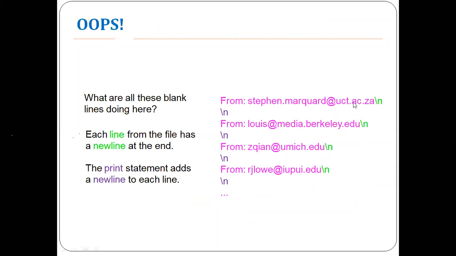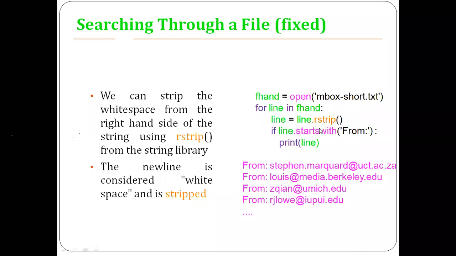That is right stripping, at the right hand side. We are stripping the white space. Even the new line character is treated as white space. That's why we're stripping that character.